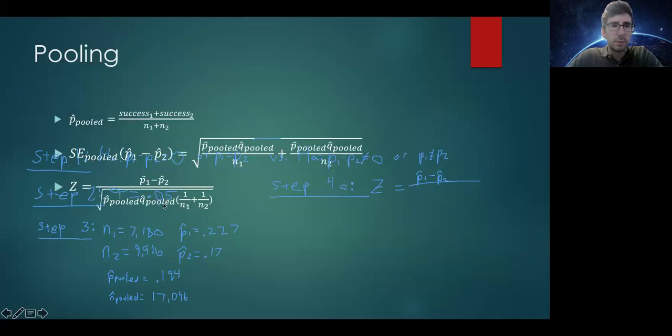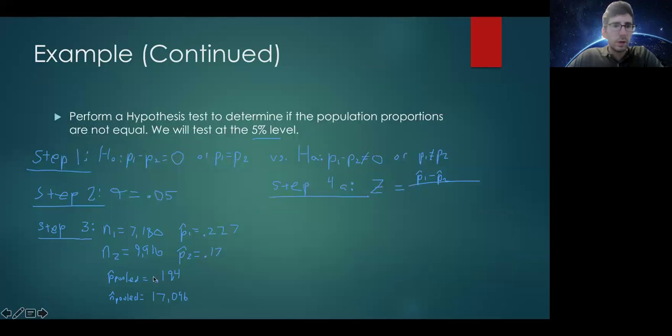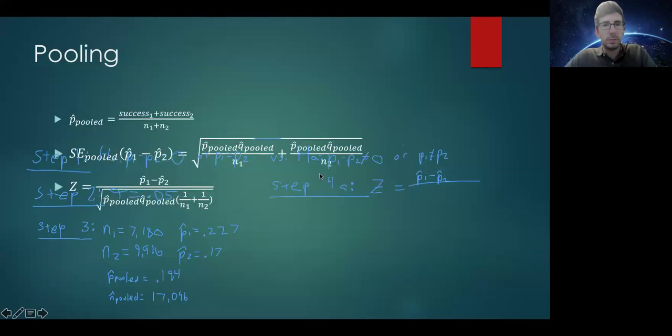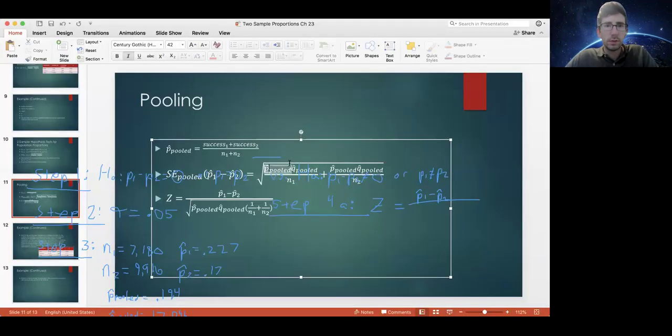So we have our P hat pooled times 1 minus P hat pooled over our first sample size, plus P hat pooled times 1 minus P hat pooled over N2. I'm going to copy and paste this formula instead of writing it out just to save some time.